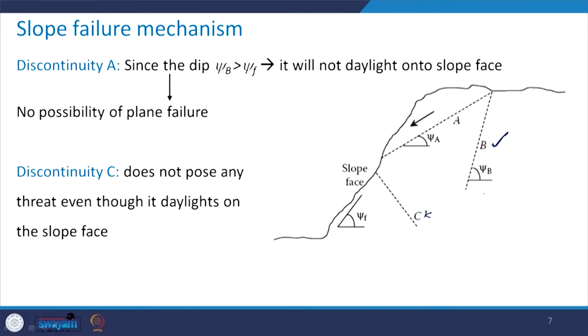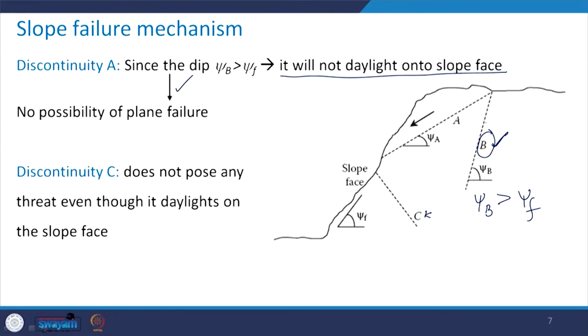It looks like that in this case your psi B is more than psi F, and therefore, this discontinuity B will not daylight onto the slope face. And what does that signify? This signifies that there will be no possibility of plane failure along this discontinuity B.